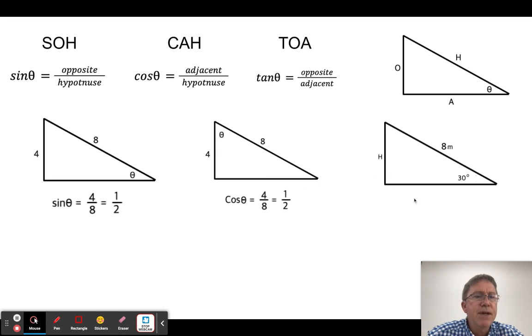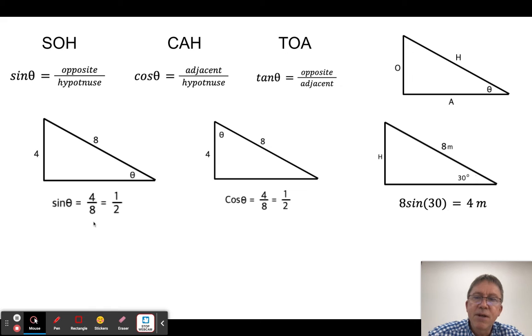And then if I come over to here, I just want to point out a very, very common setup: I know this angle here, and I want to know this value here based on this value here. It's a really common thing in physics. I know this value, I know this angle, I want to find this value. Well, this is the opposite, so I'm going to use sine. So I would say the sine of 30 equals 4.